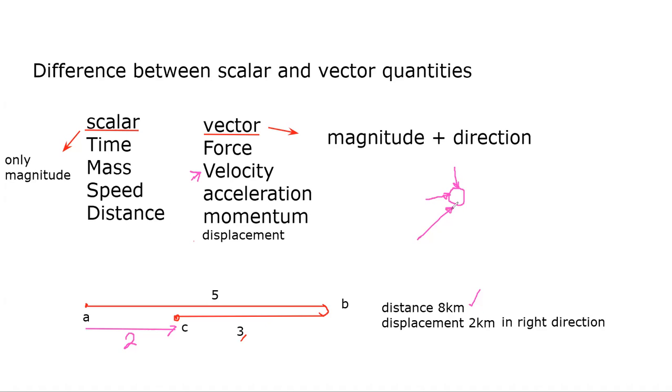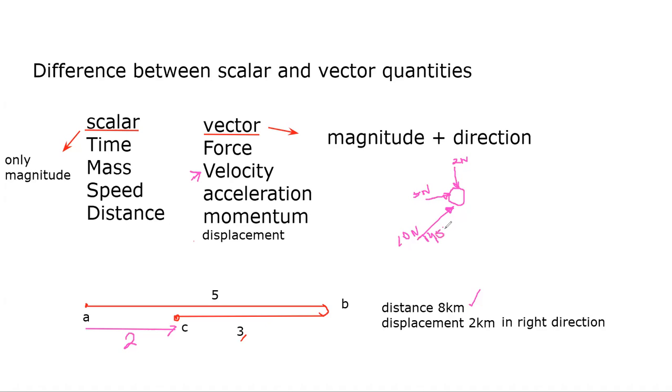So in this case, we can say that we applied a force of 5 newtons in the east direction or on the right side, or we applied a 2 Newton force from the upside, or we applied a 10 Newton force at an angle of 45 degrees.